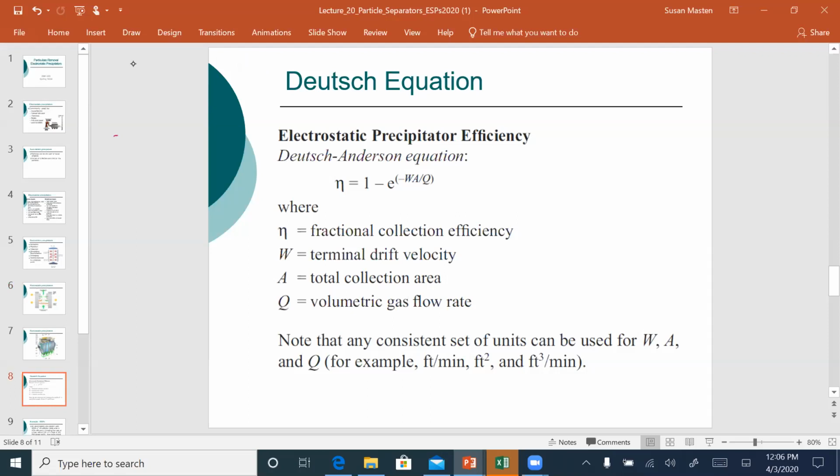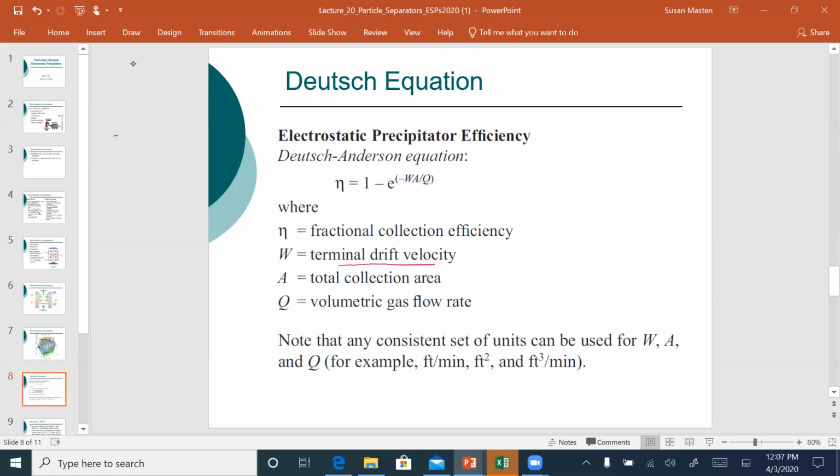Okay, so the equation that we use to describe the efficiency is referred to as the Deutsch-Anderson equation. Basically it demonstrates that the efficiency is dependent on what we refer to as the drift velocity.